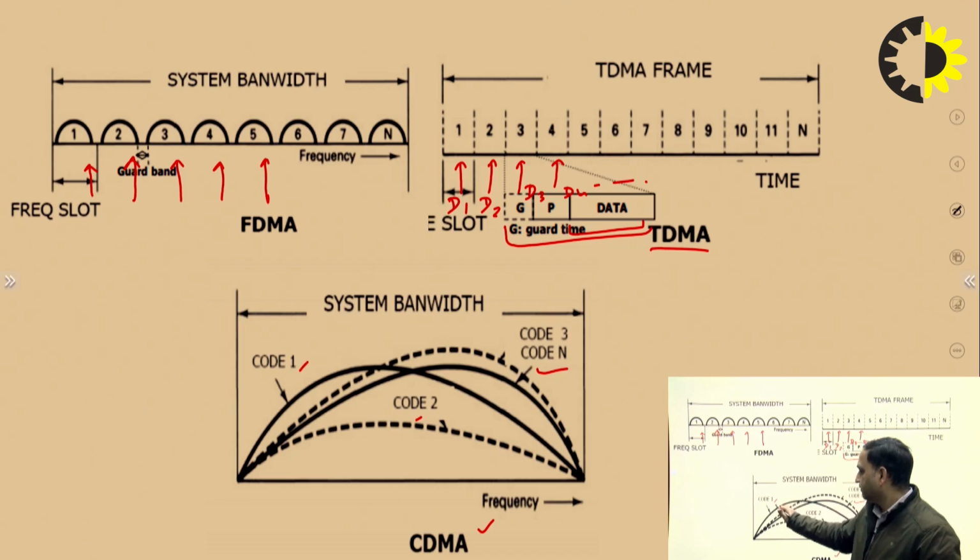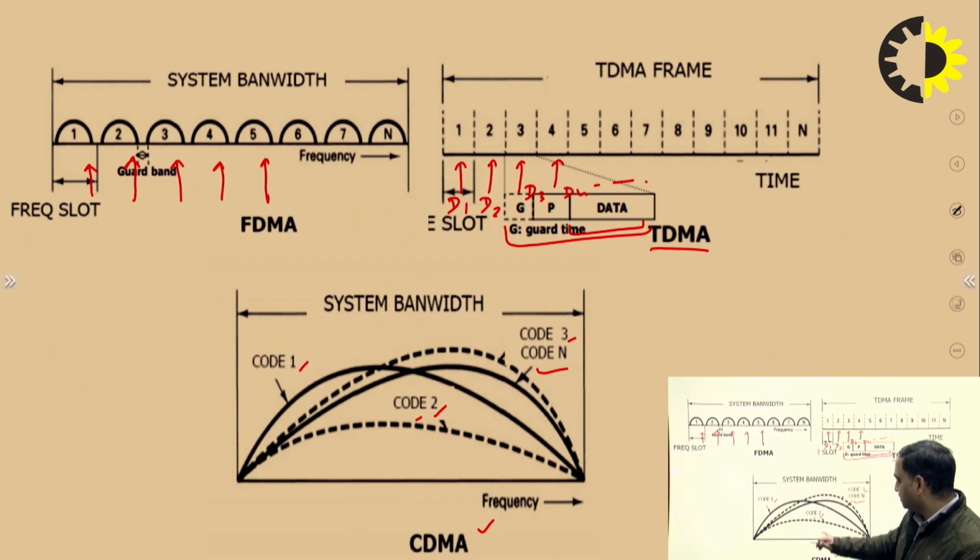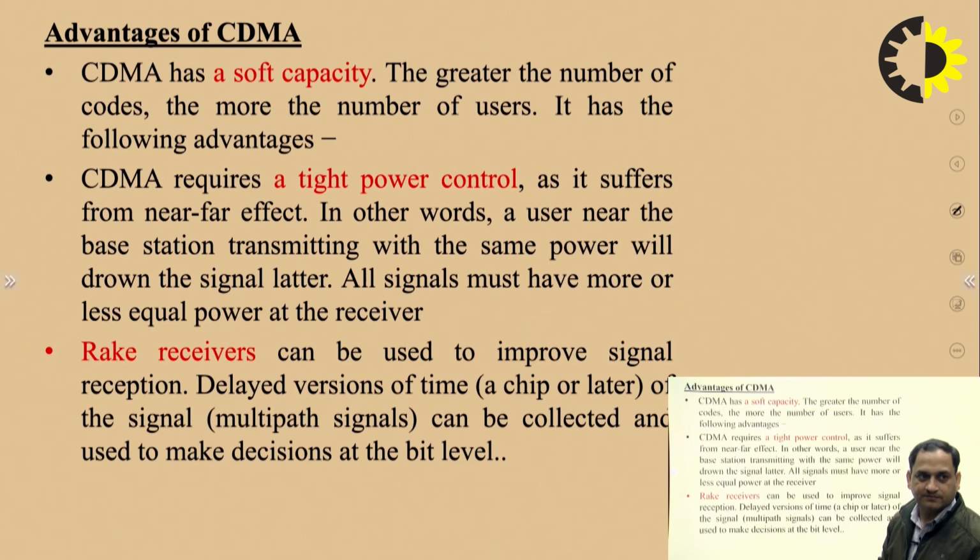Code 1 is used for user 1, code 2 for user 2, code 3 for user 3, and so on. So we can understand the FDMA, TDMA and CDMA systems through these figures as well.